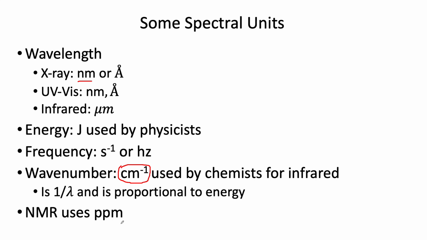It's ppm because it depends on the instrument that you're using, so exactly what wavelength it is. The stronger the magnet, that changes the wavelength or the energy. And so instead they just talk about the shift in terms of parts per million shift from 0. So anyway, I'll show you that later.